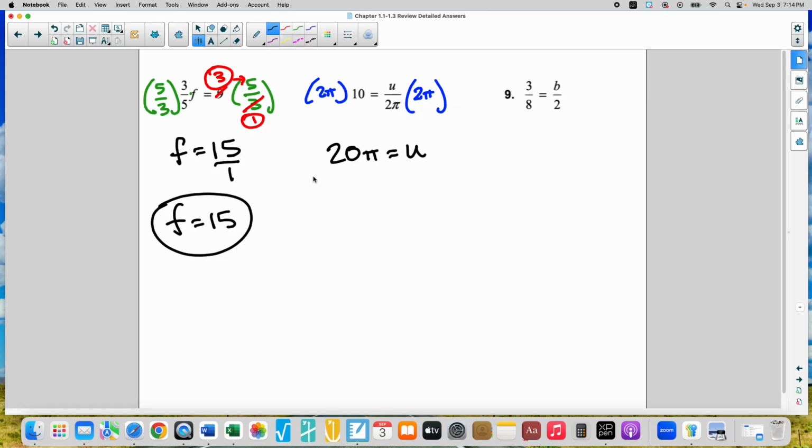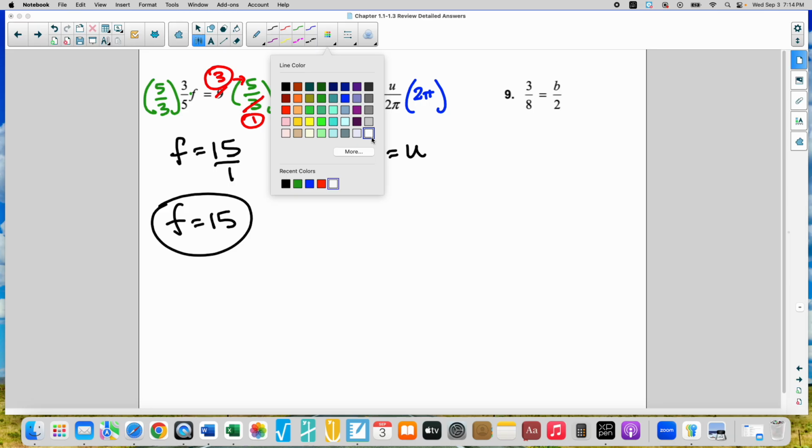I don't have to simplify it any further. That's fine. If it says round, that means we have to substitute a value in for pi because it is equal to an approximate value of 3.14, but that's not the case here.